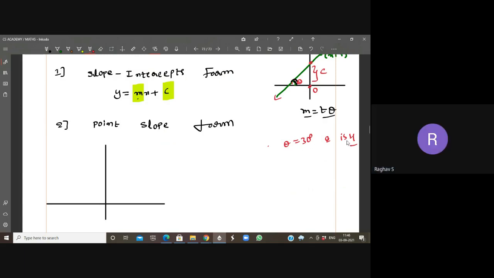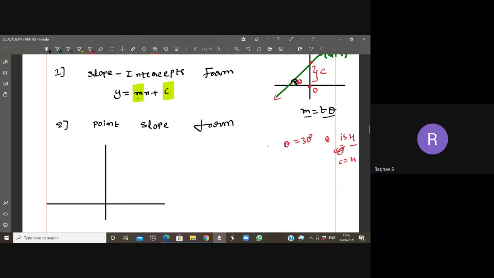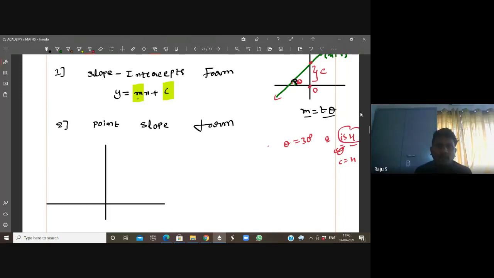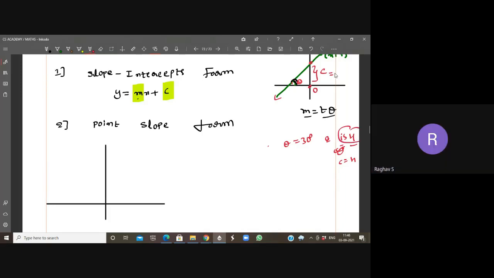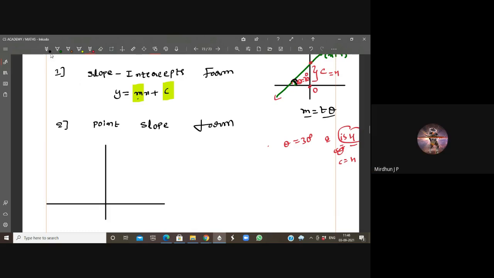Take y equal to x by root 3 plus c, where c is equal to 4 and theta is equal to 30. So root 3 y is equal to x plus 4 root 3. Sir, the answer is root 3 y is equal to x plus 4 root 3.